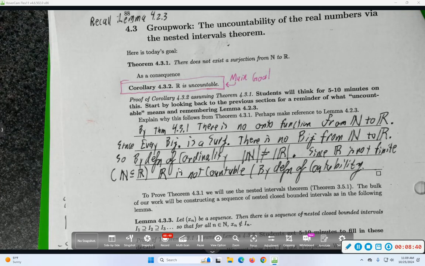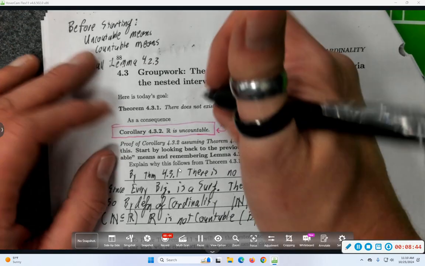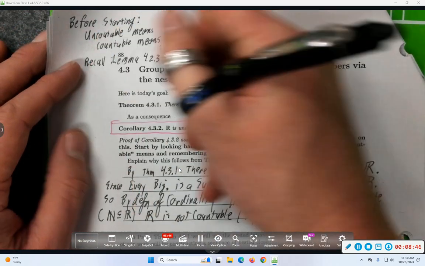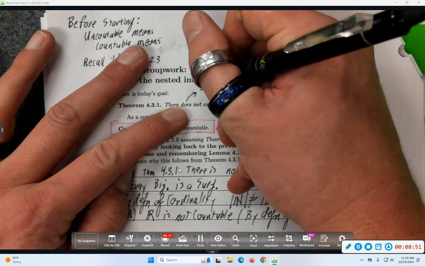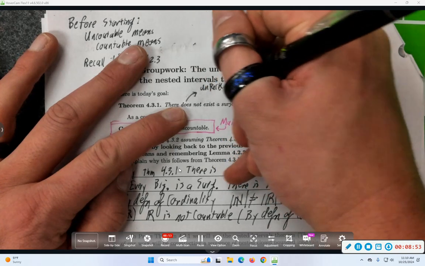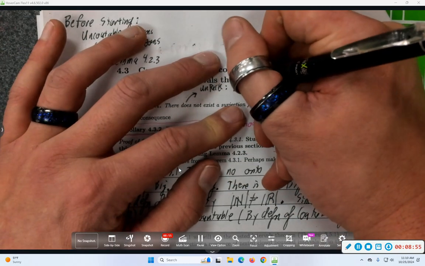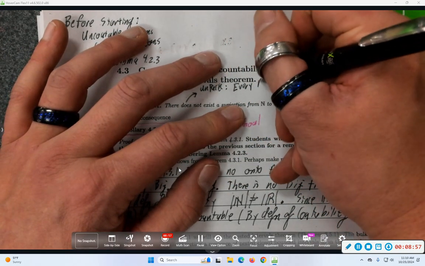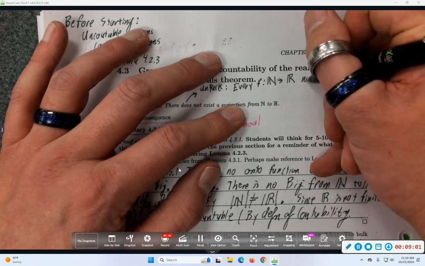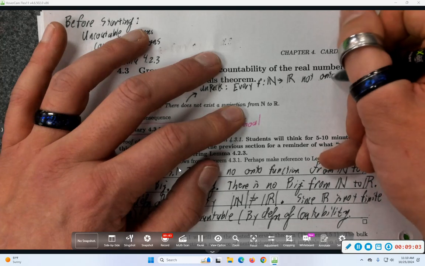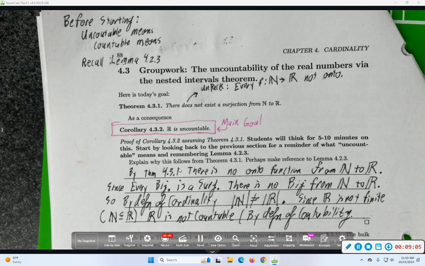So let's just keep unpackaging. Every f from N to R is not onto. What does it mean to not be onto?